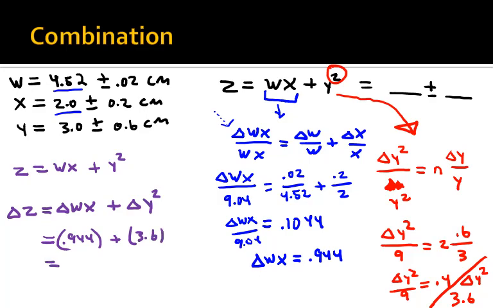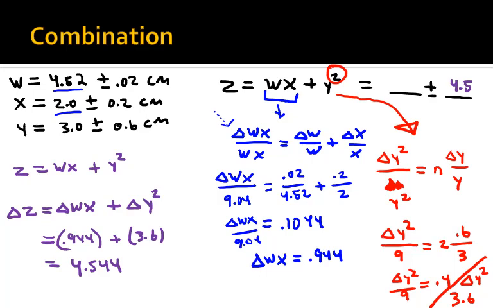That'll give us 4.544. In this case, 2 sig figs, so 4.5. And then if we look at Z, we can actually calculate Z now.